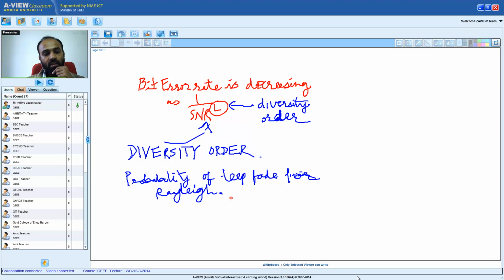When is the Rayleigh fading channel in a deep fade? Can anyone prompt me? The probability is 1 over SNR, that is fine, but what is the event corresponding to the deep fade?